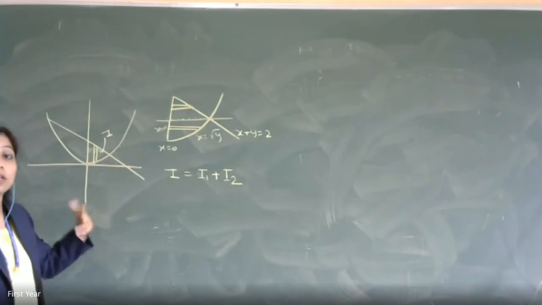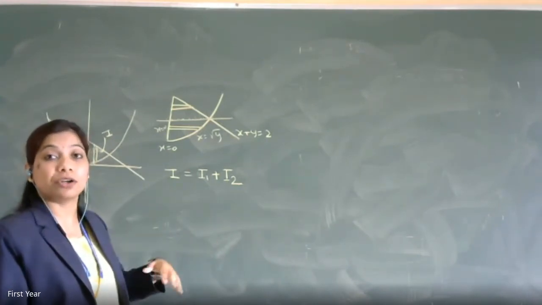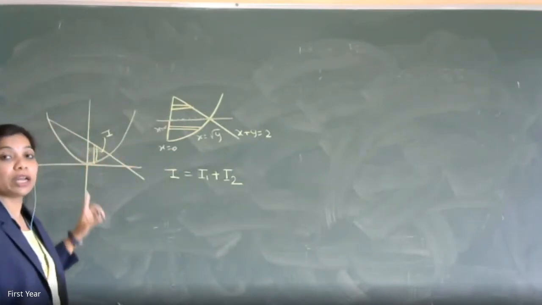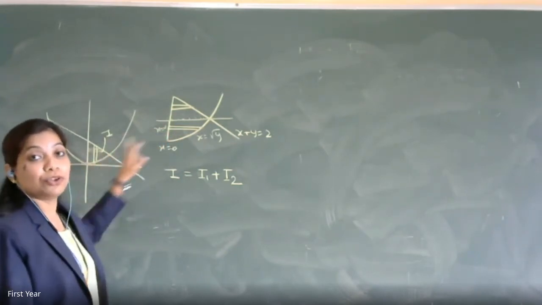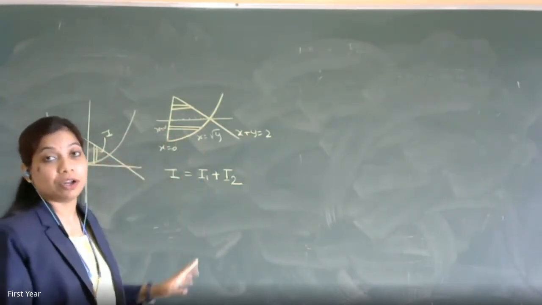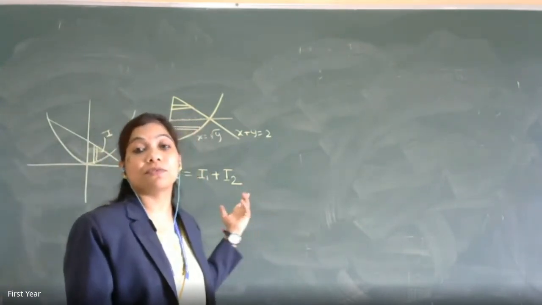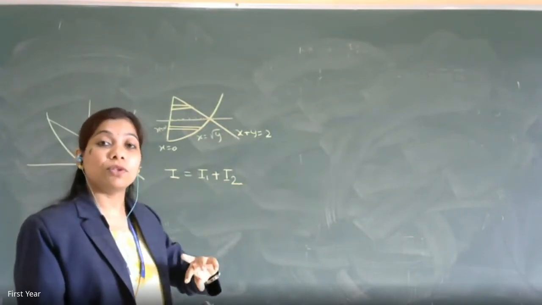So the question is also asked like this: combine the double terms in the integration into a single term. So if we go from horizontal strip to vertical, we get a single integration. If it is said to go from single to double, then you change the vertical strip to horizontal. So the question can be asked as change of order, or as converting the two integrations to a single integration, or from single to double.